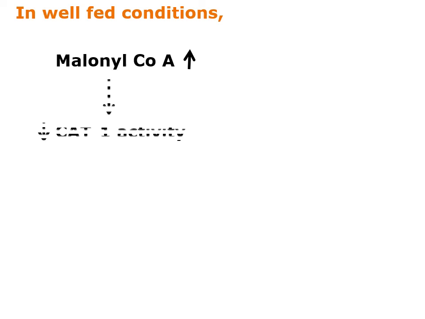Okay, so let us see how it is regulated. In well-fed condition, that is when there is enough fat, what happens? The synthesis of fatty acid is more. So naturally the availability of malonyl-CoA, an intermediate of fatty acid synthesis, is high. So when malonyl-CoA is high, that means it is a well-fed condition.